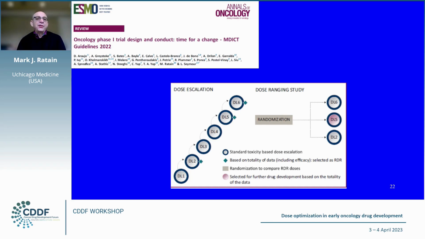And specific methodology was also laid out in this effort, and I had the privilege of participating in it from the MDICT that was led by Leslie Seymour, and this was published in Annals of Oncology last year, Oncology Phase 1 Trial Design and Conduct. It illustrates the approach: dose escalation cohorts, and eventually select 2 or more dose levels.